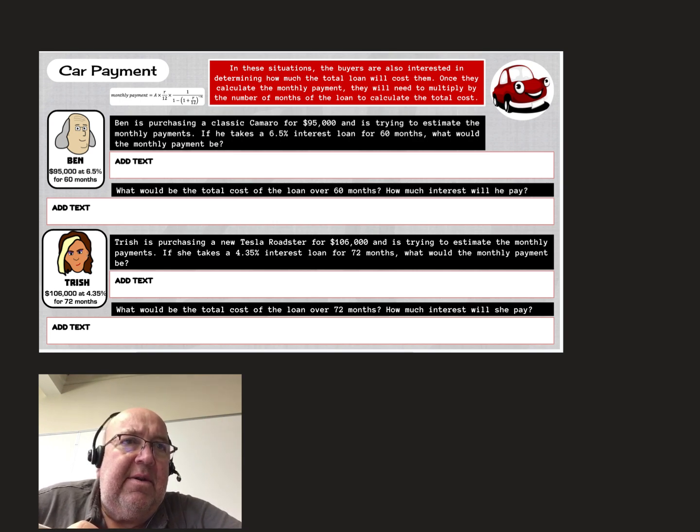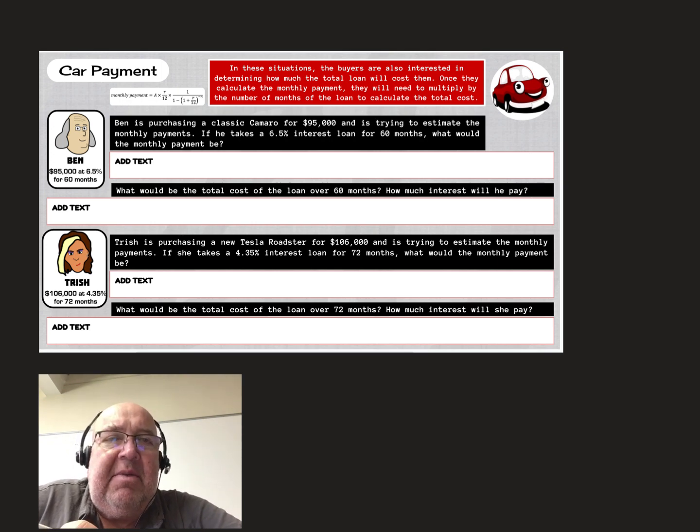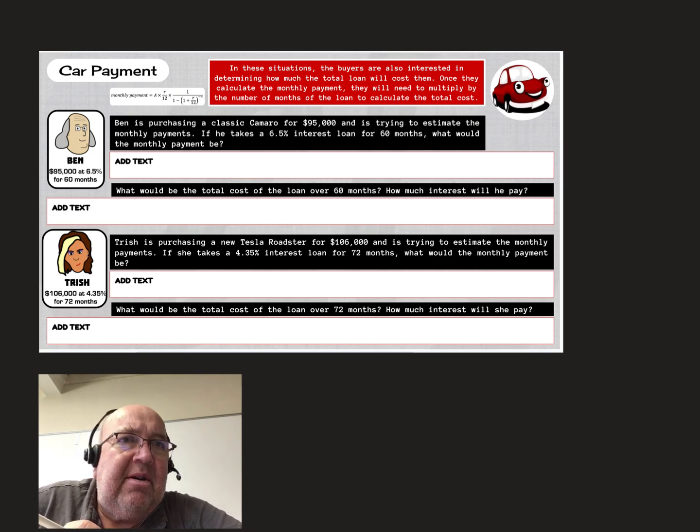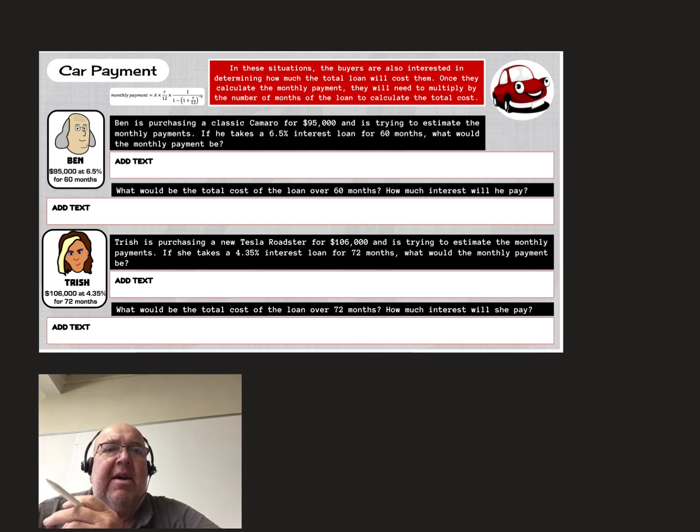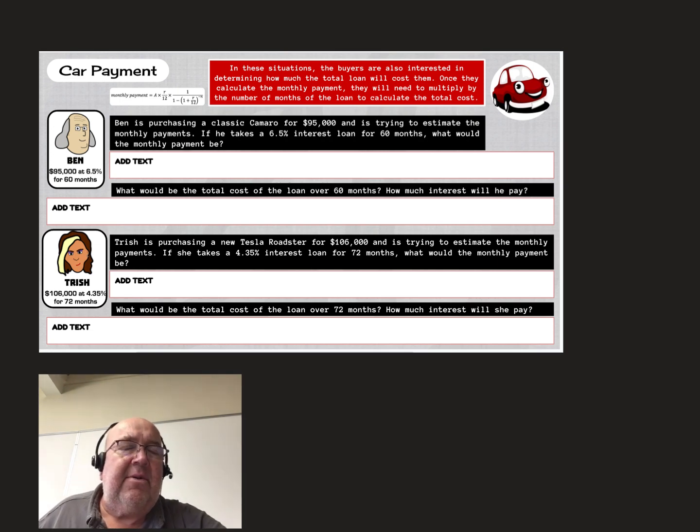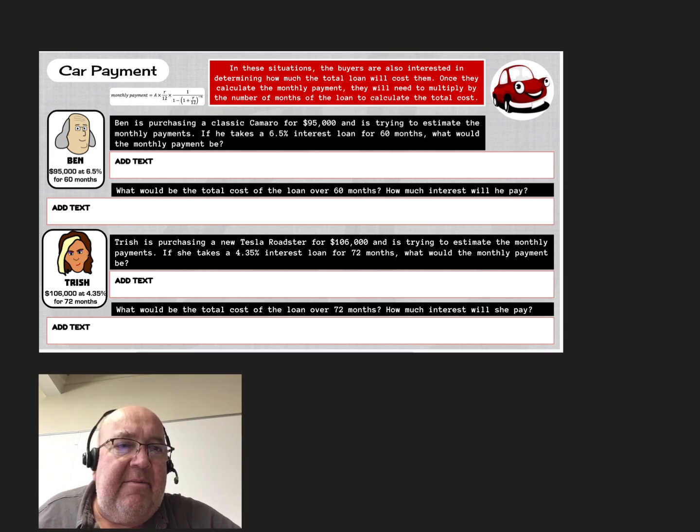So what you're going to do is figure the monthly payment and then multiply it by the number of months to get the total cost. Because that cost is going to include interest, it's going to be more than what they purchased the car for. So again, find the monthly payment and then multiply by the number of months they used the loan, and you'll be able to do that effectively.